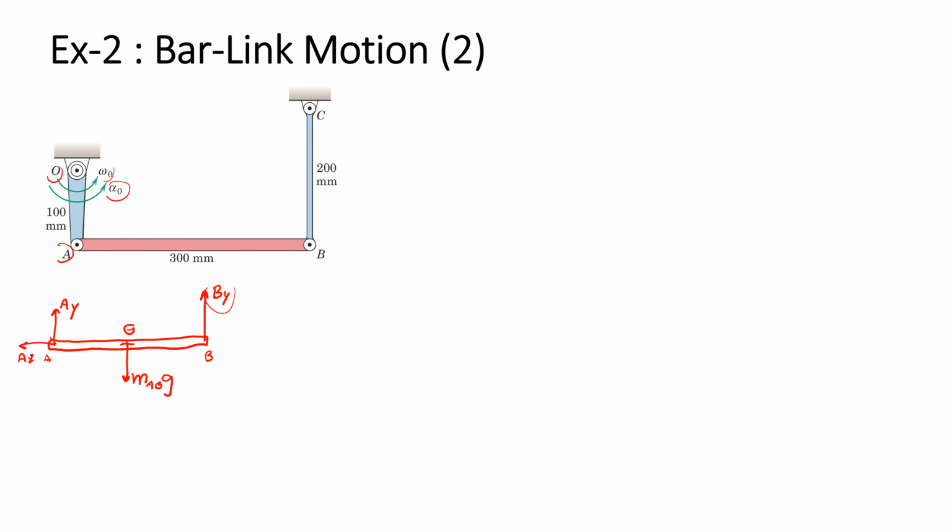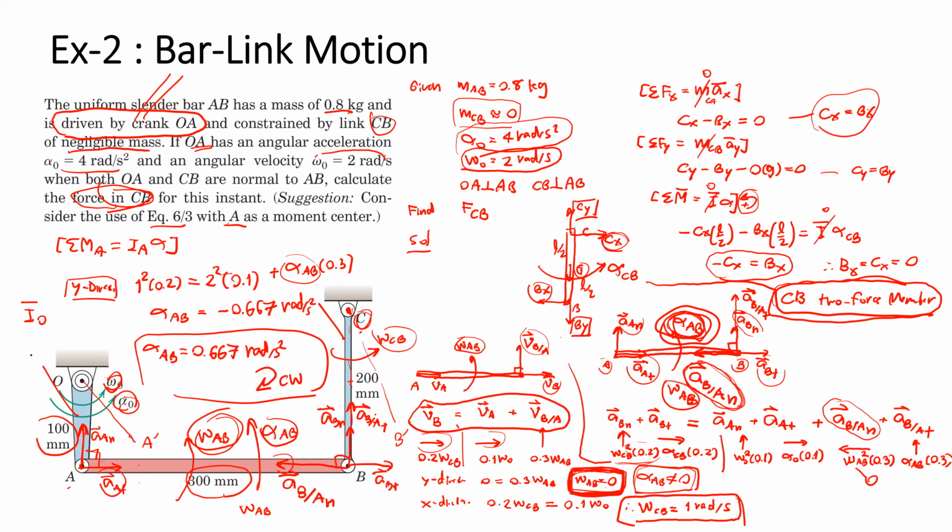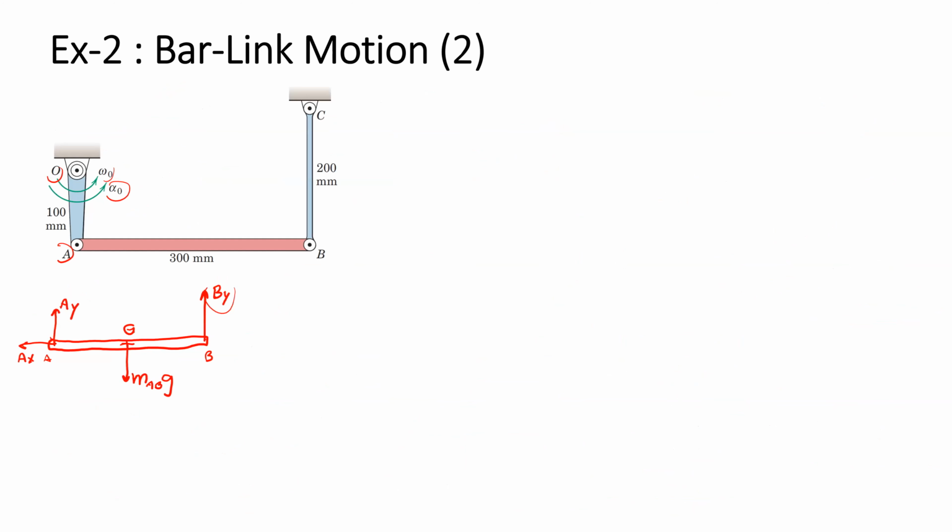From the previous consideration, we know alpha AB is 0.667 in the clockwise direction.